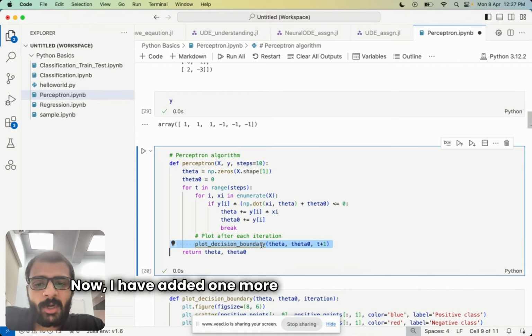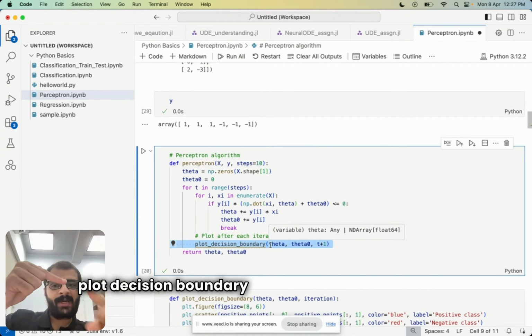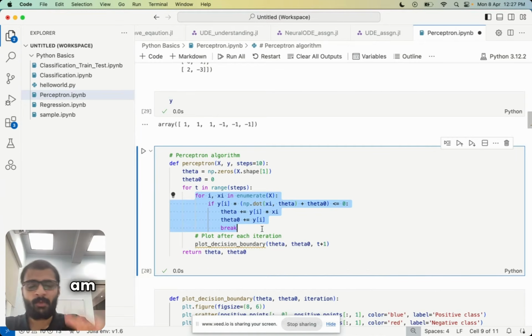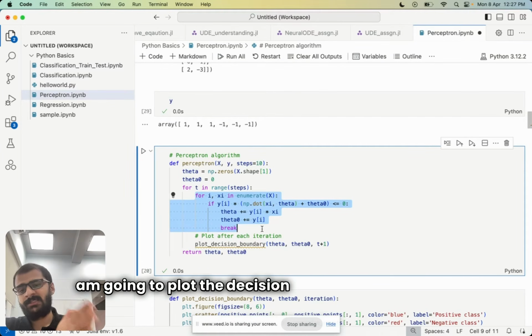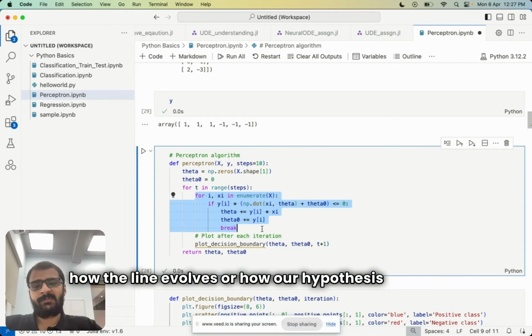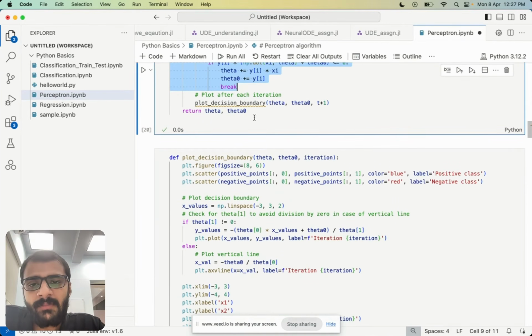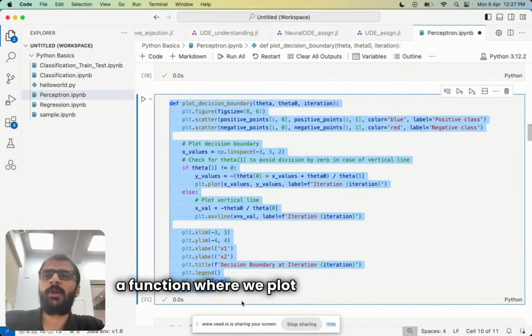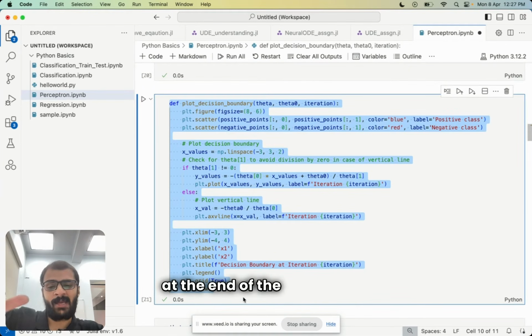Now I have added one more command here which is plot decision boundary at the end of each iteration. So after we go through every data point once, I am going to plot the decision boundary to show you how the line evolves or how our hypothesis prediction evolves. So this plot decision boundary is basically just a function where we plot the straight line at the end of the hypothesis.